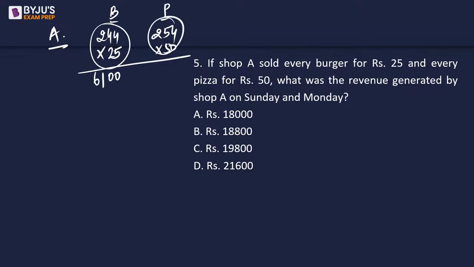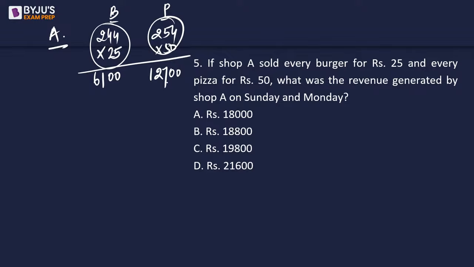How do we multiply a number by 50? You simply halve it and put two zeros. So this is going to give us 127, and then put 2 zeros. So this is what we will have.